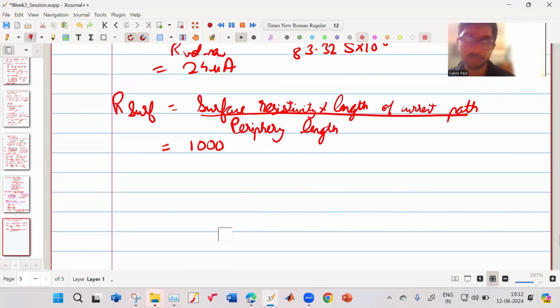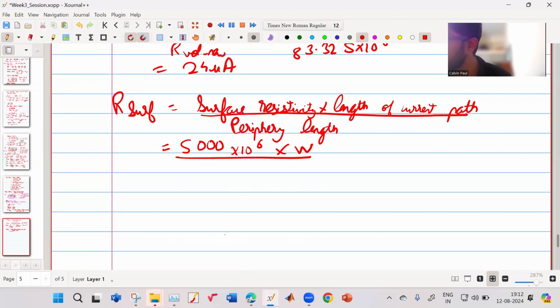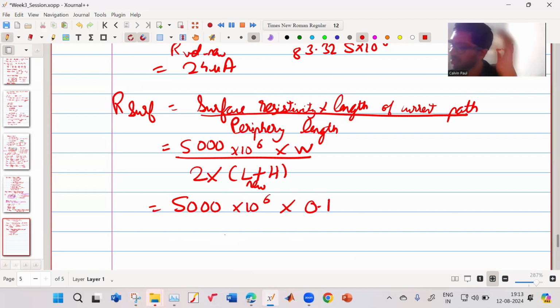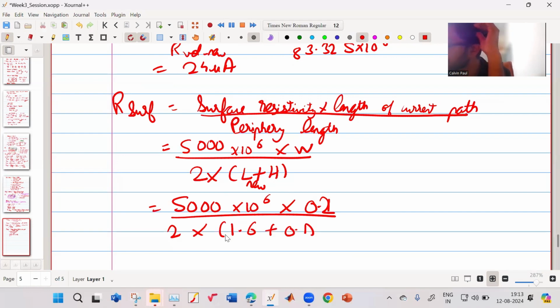So 5000 into 10 to the power 6. The length of current path is W into 2 into L plus H. L has changed. So it is 5000 into 10 to the power 6 into W, which I think is 0.2, into 1.6 plus 0.1.